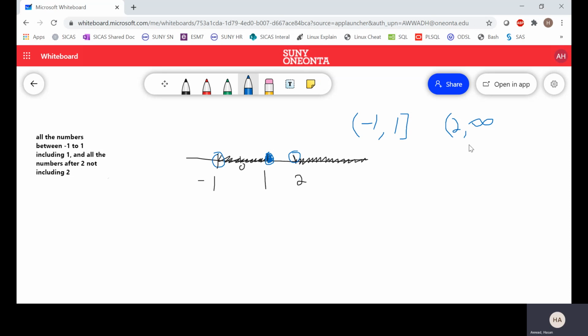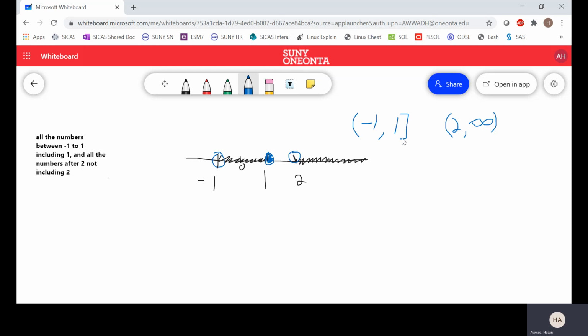Now, this is also a common mistake that I see. When you guys ever use infinity or negative infinity, which we can touch on in a bit, you are always going to use a parentheses. The reason is because you can never actually be at infinity, right? Infinity goes on and on and on forever.